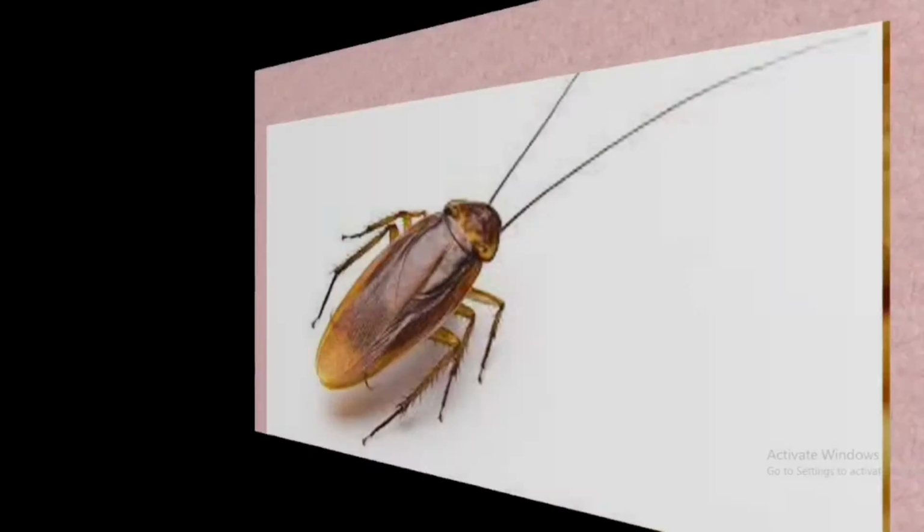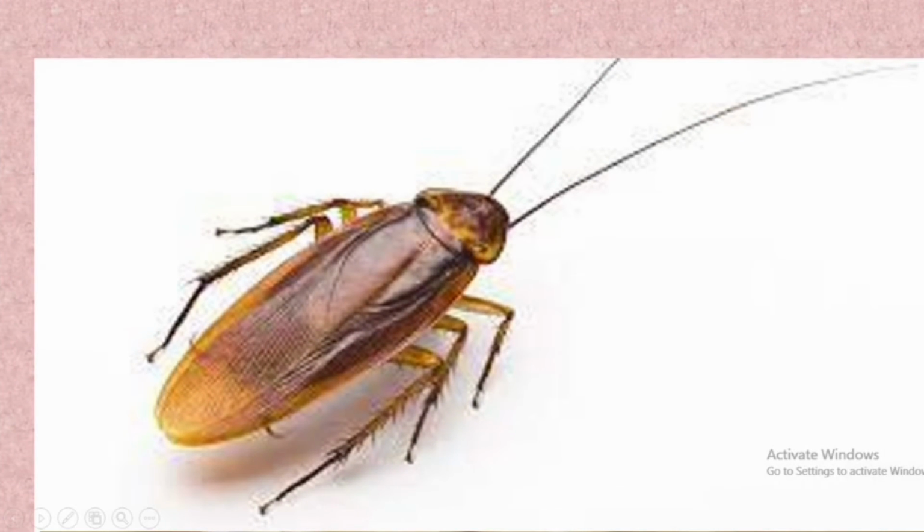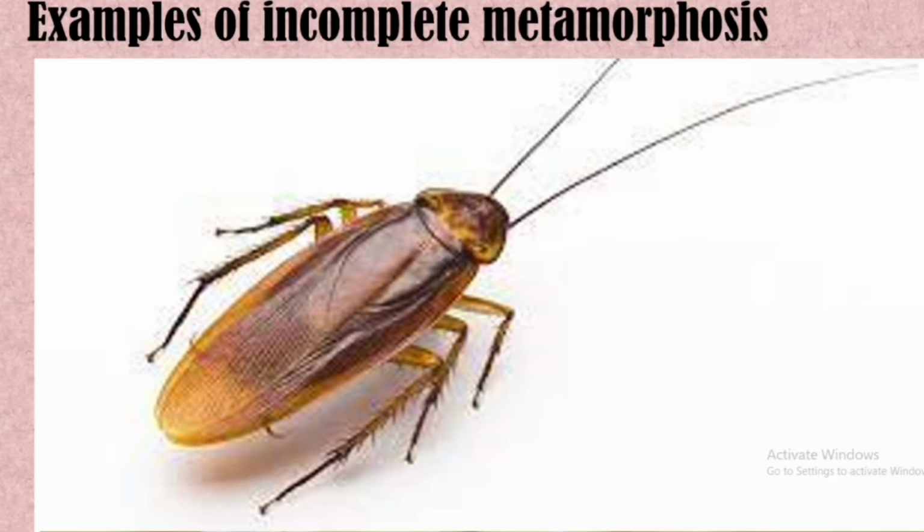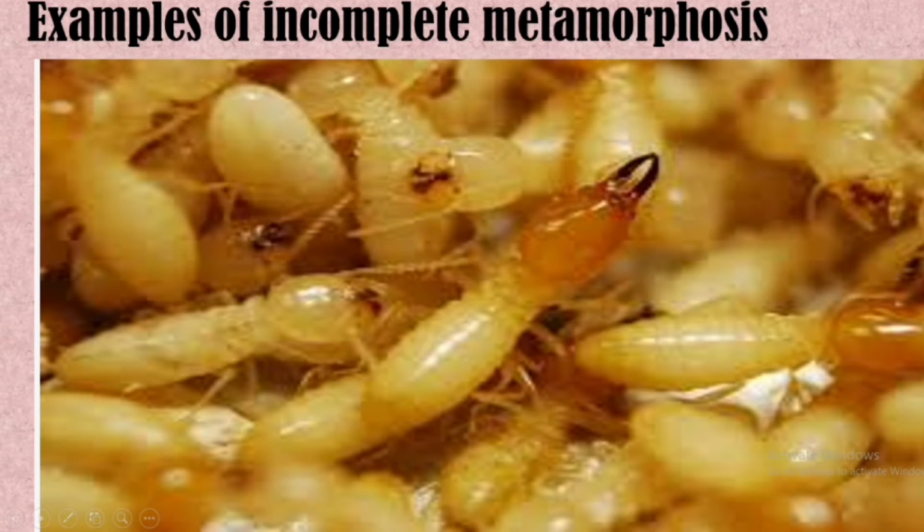Some examples of organisms that carry out incomplete metamorphosis are cockroach. One you can see on the screen is a good example. That is how the cockroach looks like. Other examples include, what can you see on the screen?